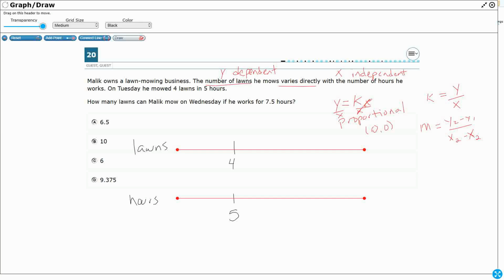Well, if I need to get up to 7.5, there's a few different ways I can do that. One way would be, what if I cut this in half? What if I say half of 5 is 2.5? So that means half of 4 is going to be 2.